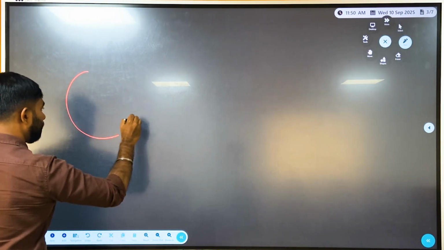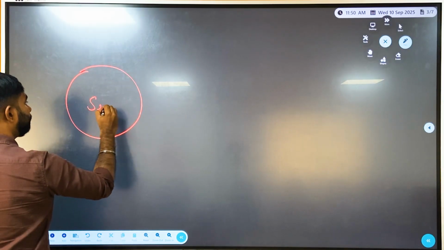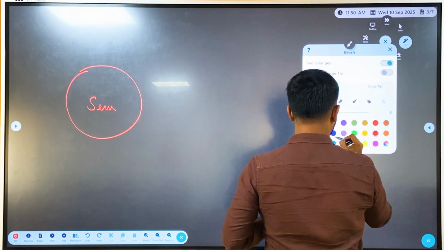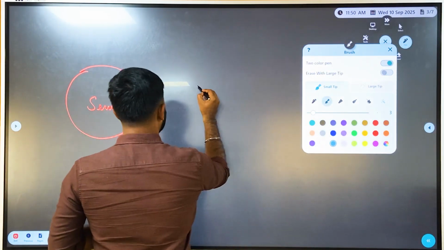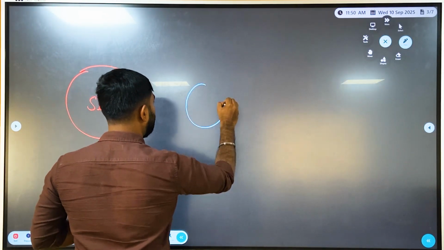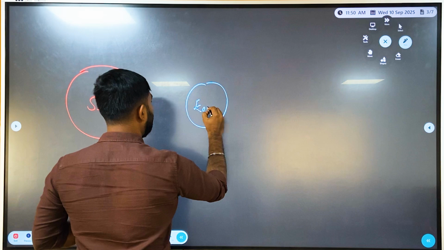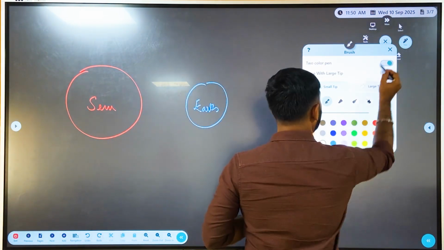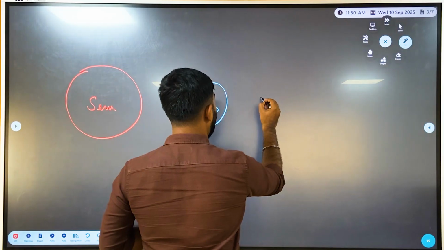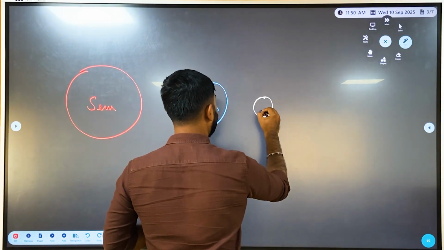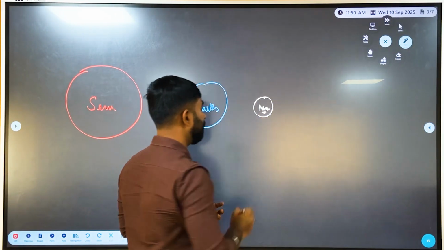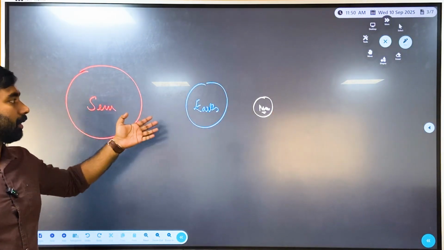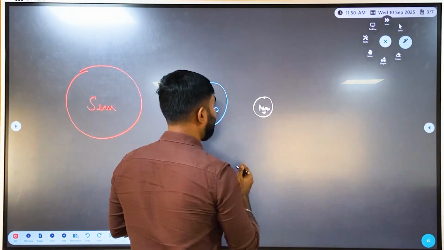One is the sun, and then earth, and as we all know, earth comes in between the sun and the moon. So we have the earth, and now we have the moon. This is the exact positioning of these three, the sun, earth, moon, during a total lunar eclipse.